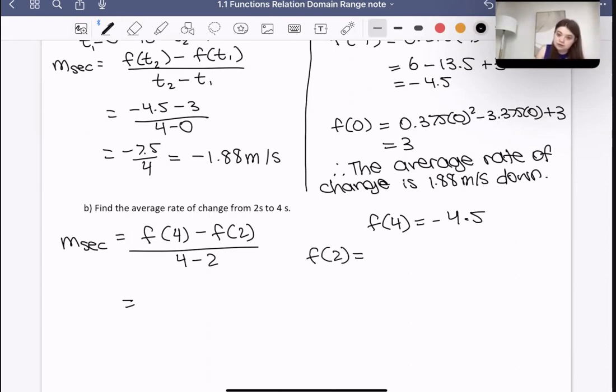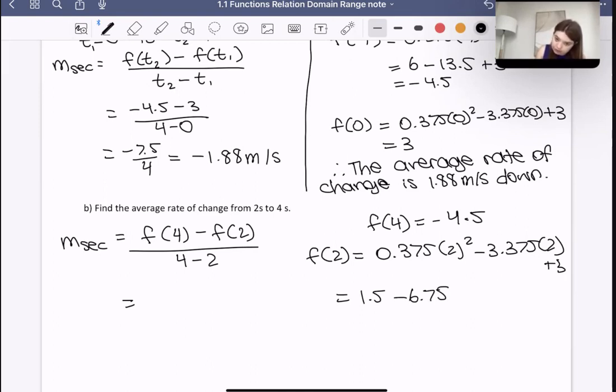So f of 2 is going to be 0.375 times 2 squared minus 3.375 times 2 plus 3, which that's going to be, let's see, 1.5 minus 6.75 plus 3, which is equal to negative 2.25. Okay, awesome.